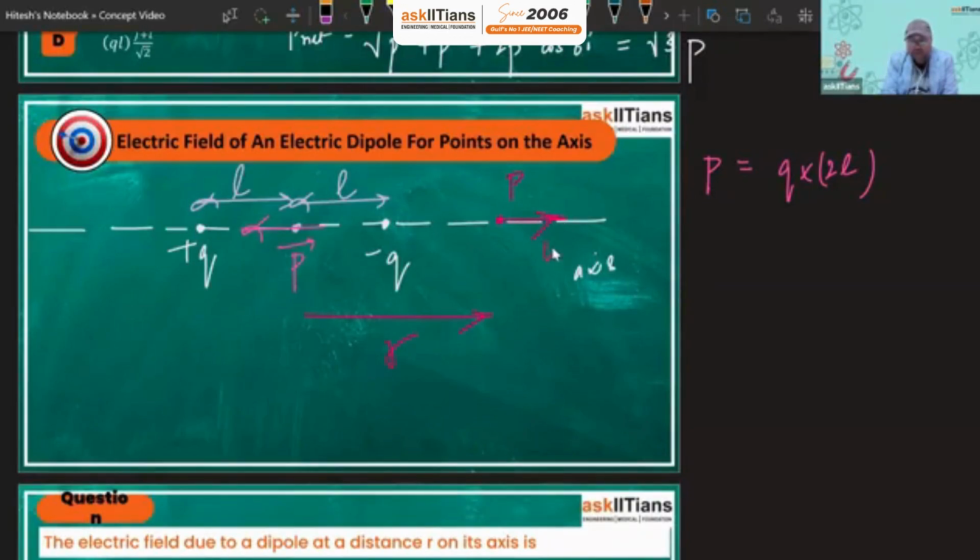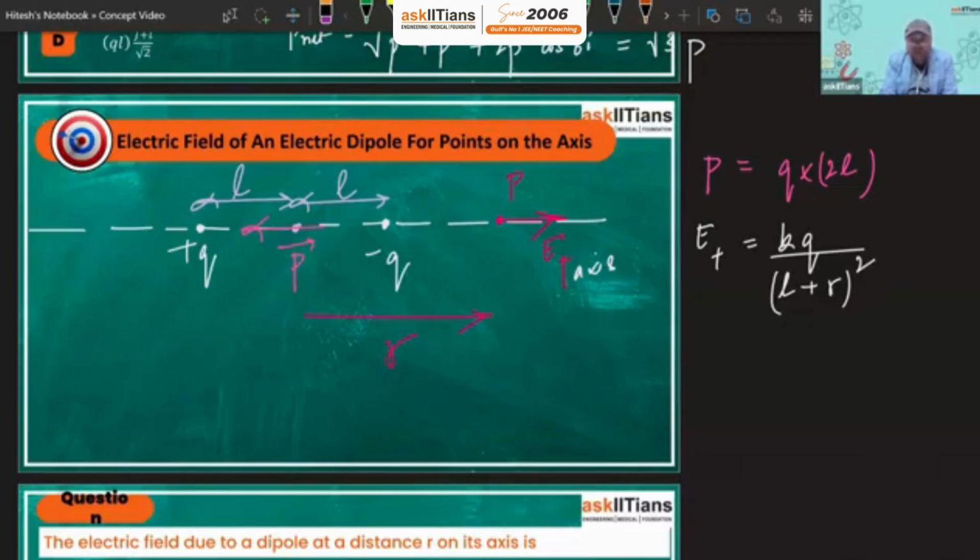That would be the electric field due to our positive charge. And what should be its magnitude? E positive should be equal to K Q by the separation squared. The separation is L plus r, so it is K Q by (L plus r) whole square.